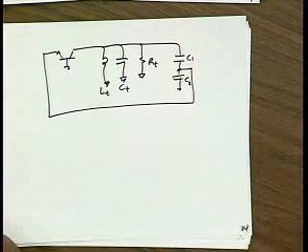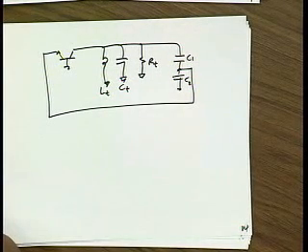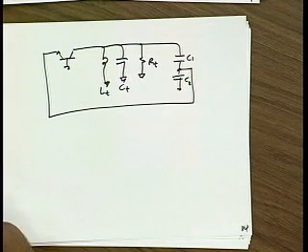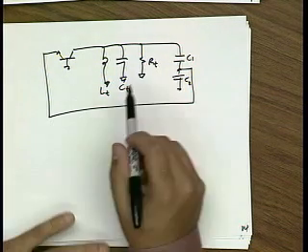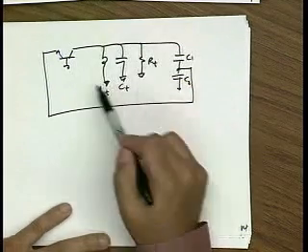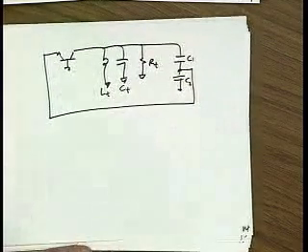What's that? Why is impedance matching an issue? Anybody? Think about the discussion we just had. We want to maximize this resistance, the total resistance seen at the output of the tank.